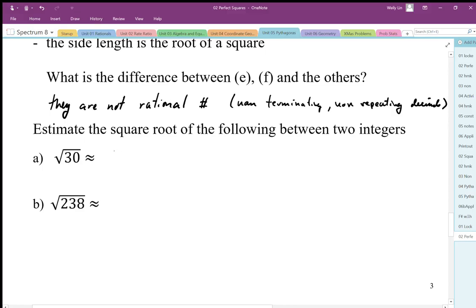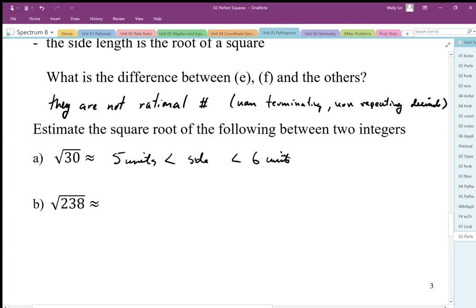So it's got to have an edge length of 5 units, bigger than 5 units. Okay, so the side must be bigger than 5 units. But I also know that it has to be shorter than 6 units because it's got to be smaller than a 36 square, which is a side length of 6 units.